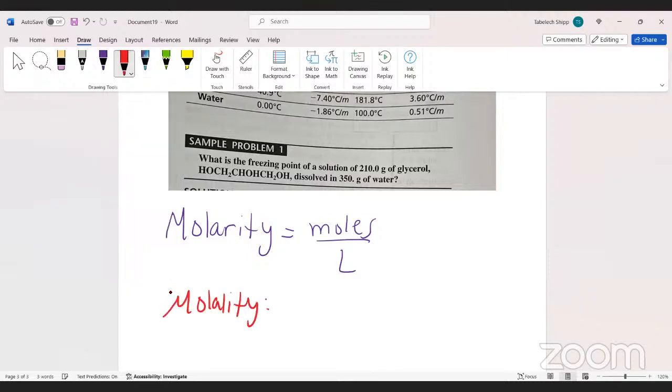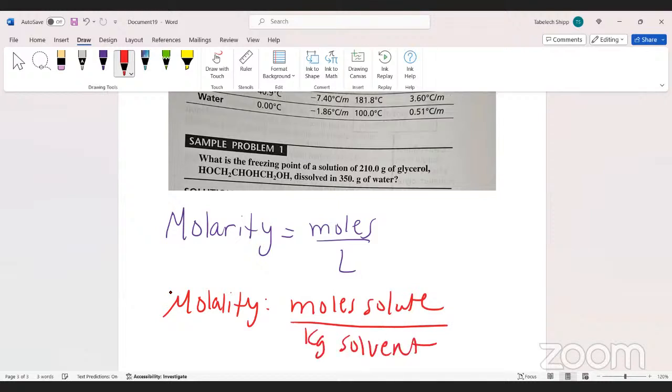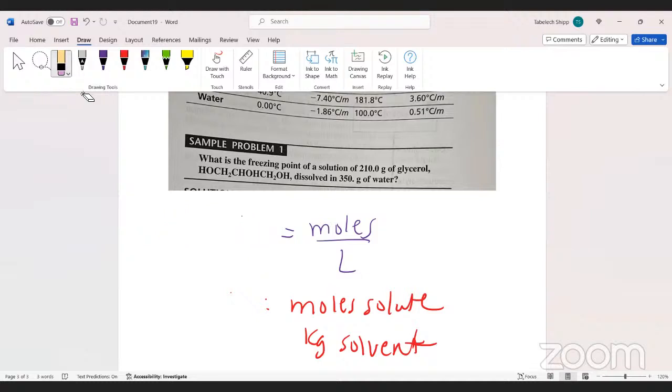Molality deals with the moles of the solute versus the kilograms of the solvent. So usually the solvent is the liquid. So when we go through these problems, I'm going to be weighing heavily on molality. And I will put the formulas back on the screen so that you guys can have access to them as well.